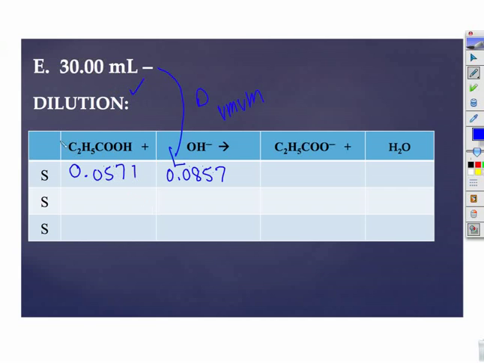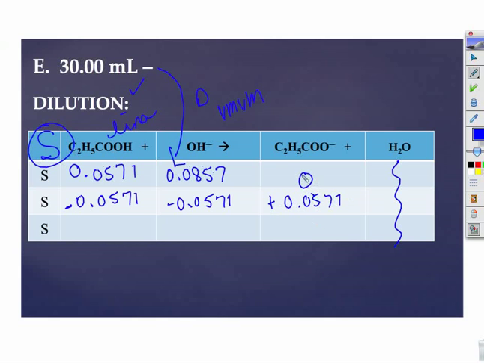So we did our dilution. This is our stoichiometry. So that's our start. This is our limiting. A stoichiometry goes until the limiting runs out. So we're going to lose 0.0571, minus 0.0571, and plus, and there's our water.